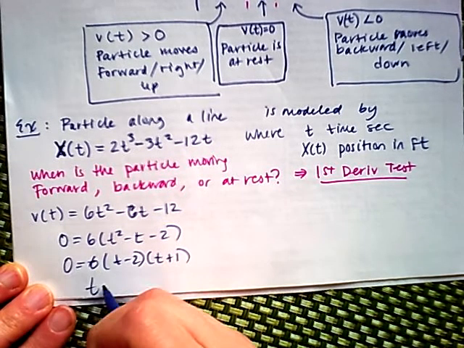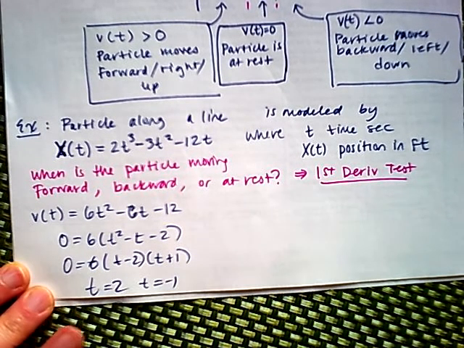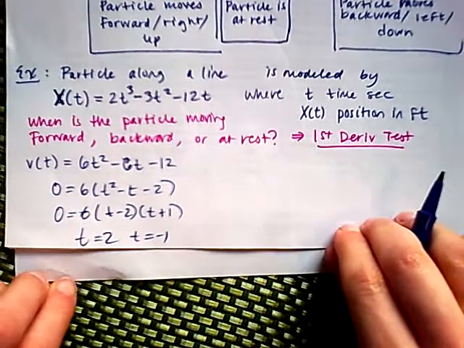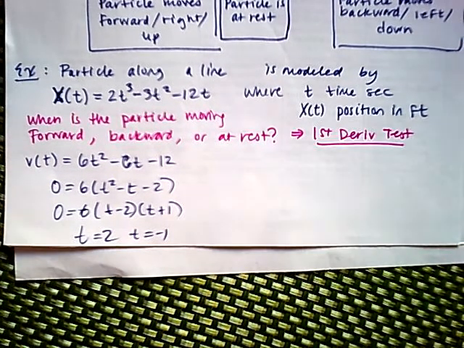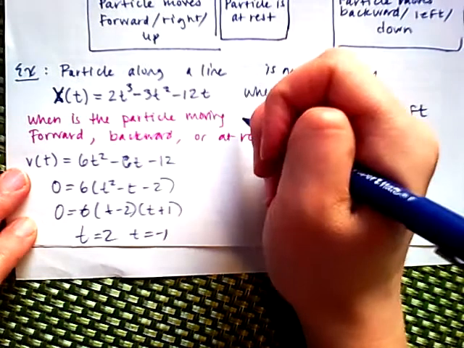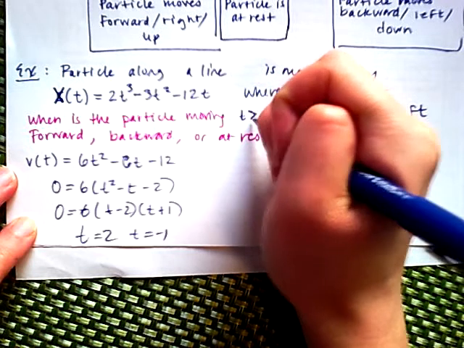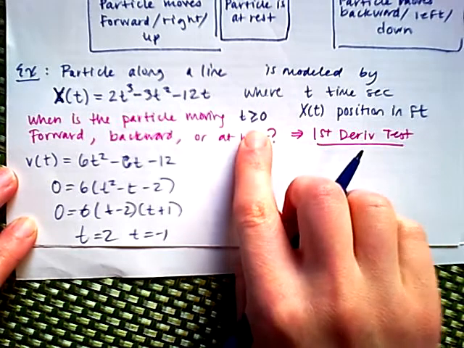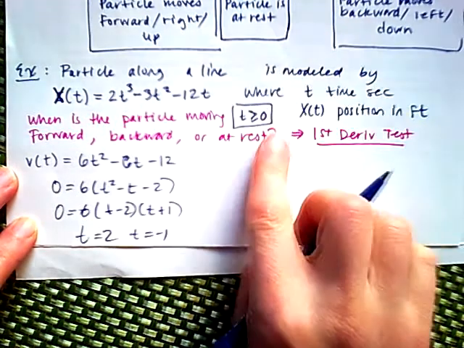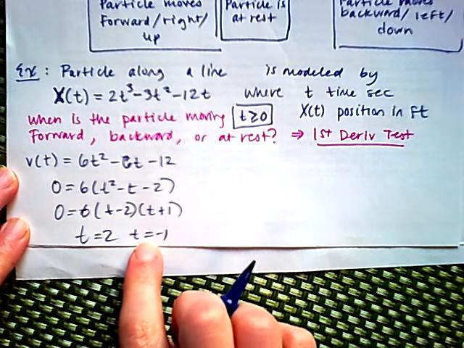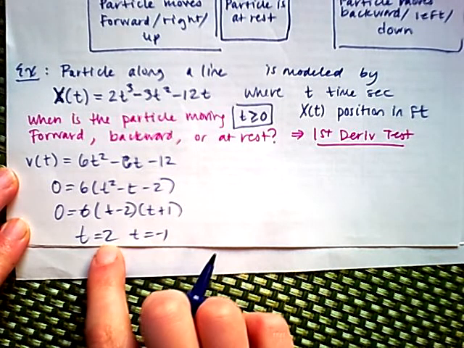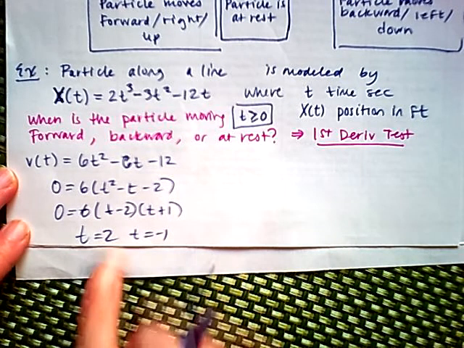So I get t equals 2 and t equals negative 1. Sorry about that. The one thing I forgot to say is let's assume that t is greater than or equal to 0, that we're only counting positive time. So in that case, I'm not going to include the time of negative 1. I'm going to focus on the time of 2.